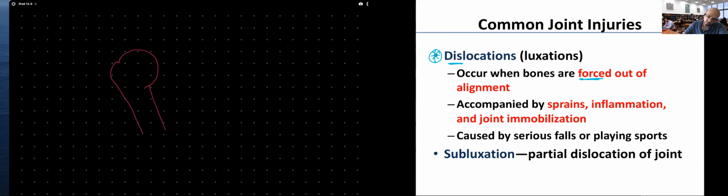I mean by this that the head of the humerus did leave its normal alignment within the glenoid cavity. So rather than being located in here, it moved outside of the glenoid cavity like this. This is what we call a dislocation.